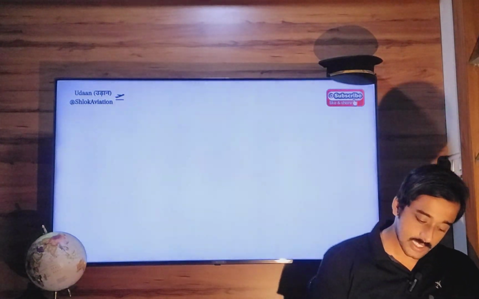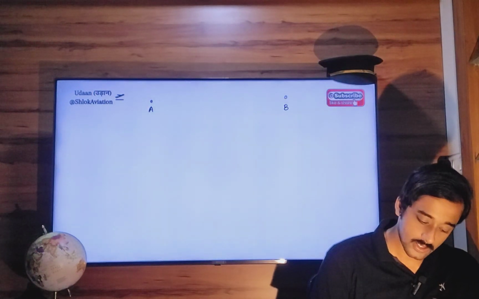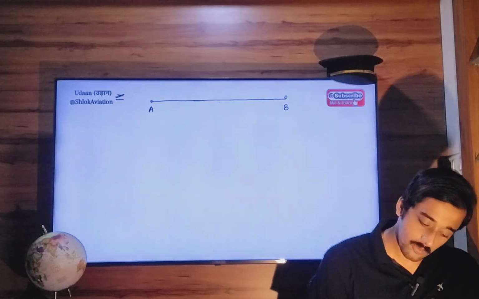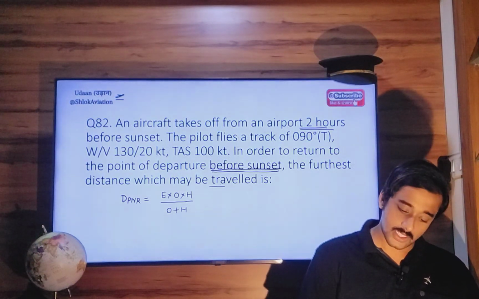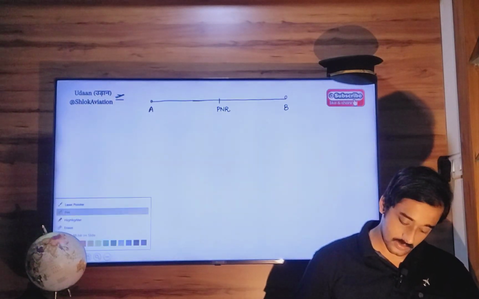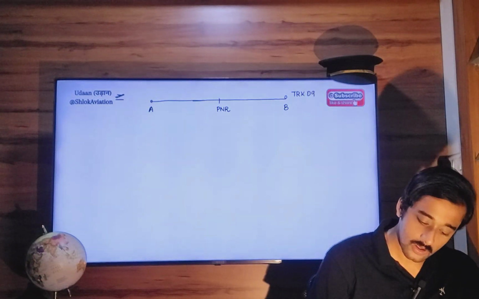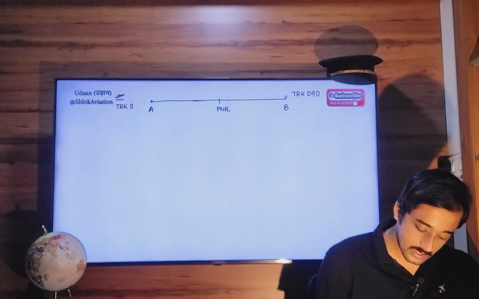So let's say this is your departure point, this is your destination. So you are flying from A to B. This is your point of no return. The outbound track is 090. So the return track will be 270.